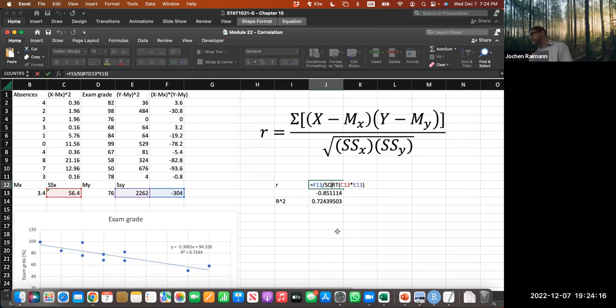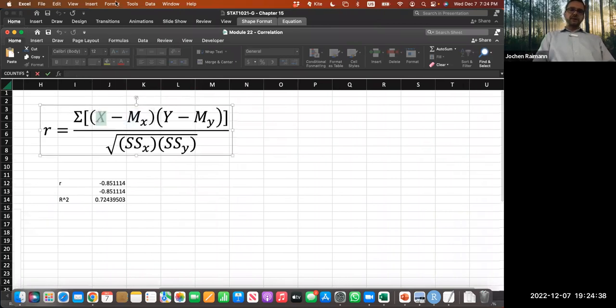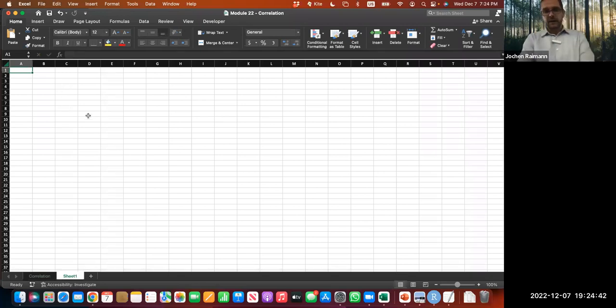Why would I want R squared? At this point in time, not yet. On Monday, you will see why you need the R squared. Because the only thing that R does, and just to put this, the null hypothesis of R is that there's no association between variable 1 and variable 2.